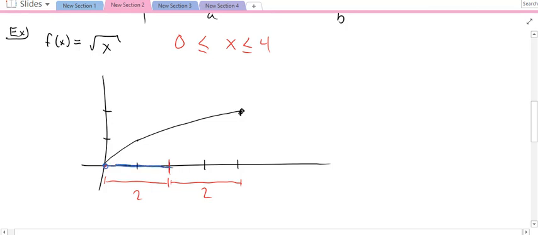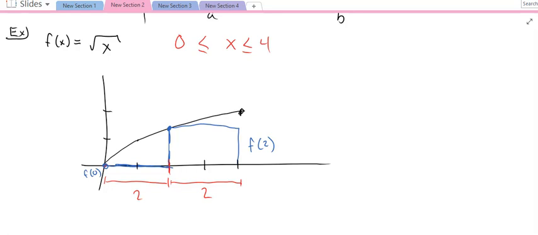And then for this next interval from 2 to 4, I would take this left endpoint and use that as the height of my rectangle. So the height of my rectangle here would be f of 0, and my height of my rectangle here would be f of 2.